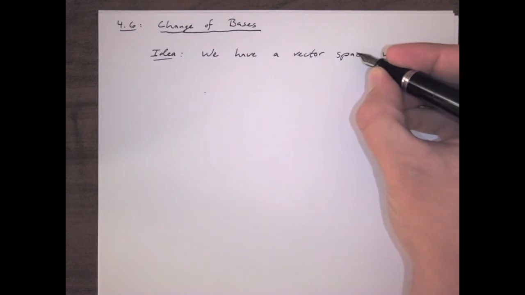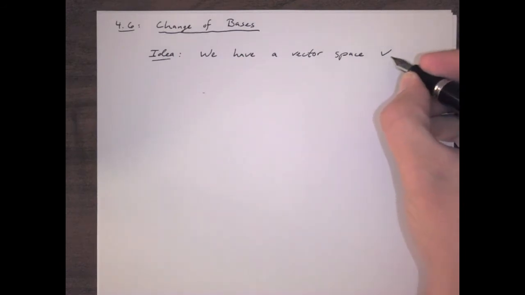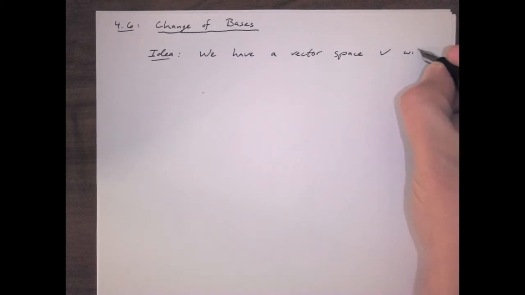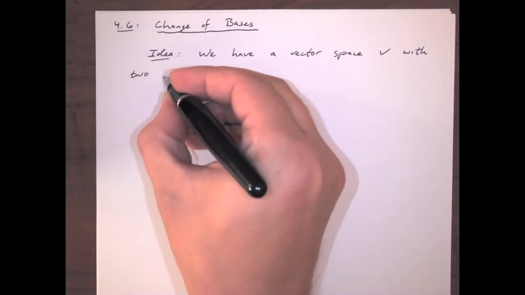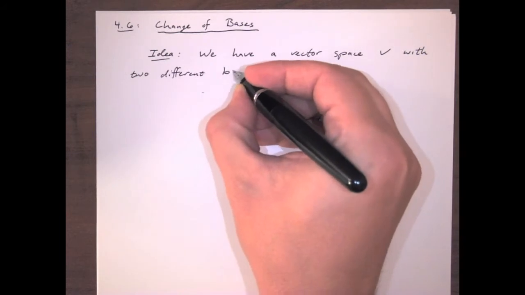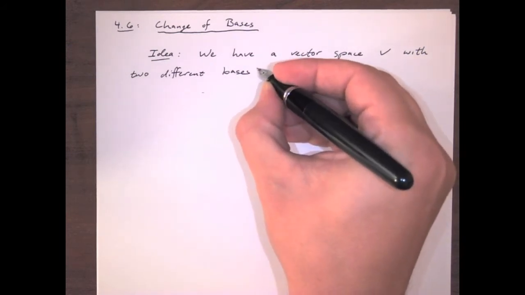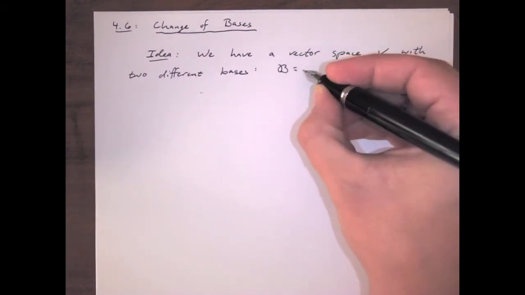And what we're discussing here primarily applies to finite dimensional vector spaces, but that's really in most of our vector space analysis, that's where we're going to be keeping our attention focused. So we have a vector space V with two different bases, we'll call them B and C. B for basis, C because it's the next letter.